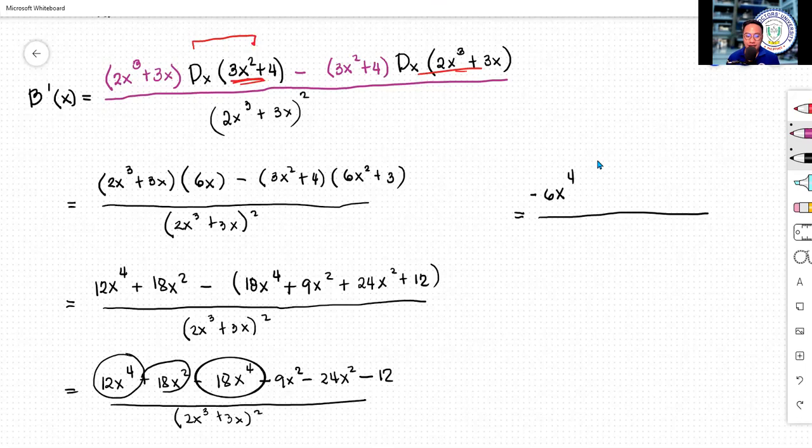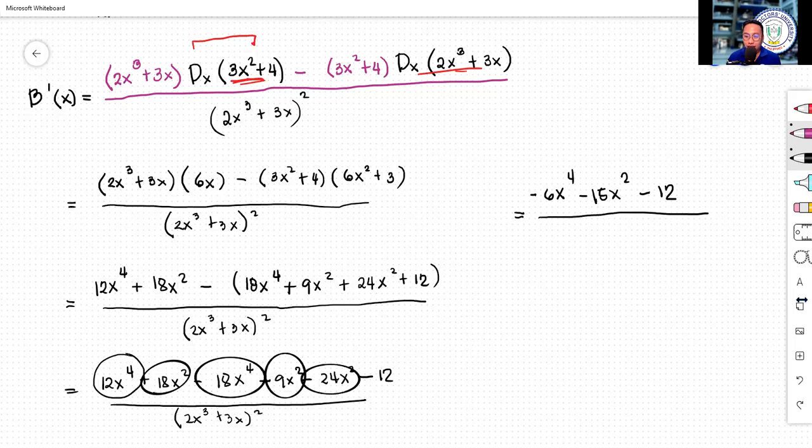This is positive 18x squared, negative 9x squared, and negative 24x squared. How much is that, guys? Negative 15, negative 15x squared. And then lastly, the negative 12, just copy it.